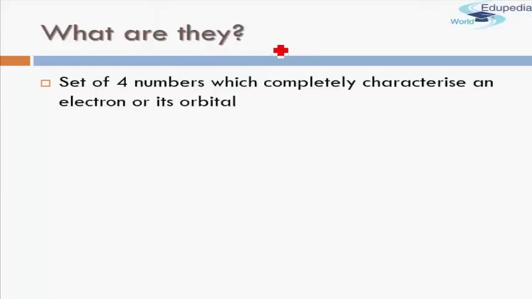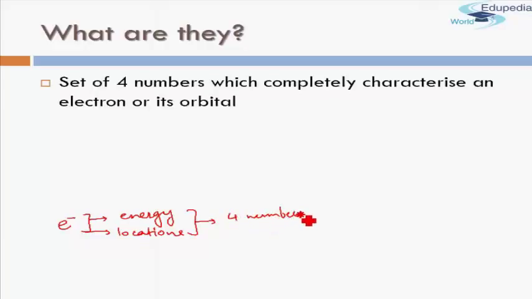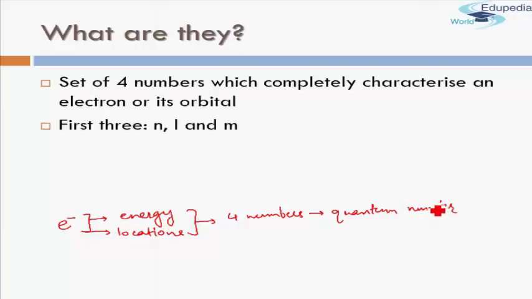So let's assume that an electron is characterized by its energy, what is its energy and its location. This information can be extracted from the 4 numbers, and these 4 numbers are together called quantum numbers. Each of them is a quantum number, and we'll look at what they are.